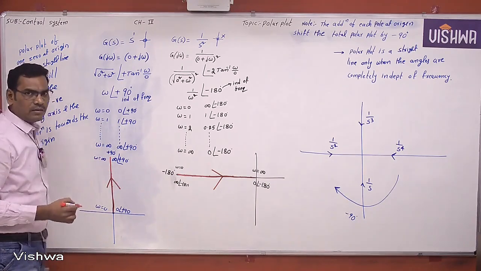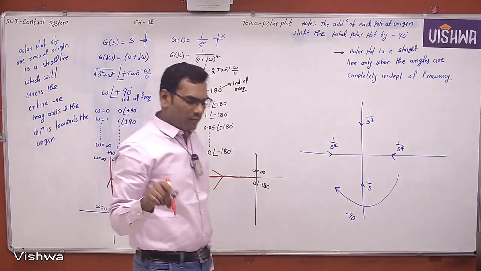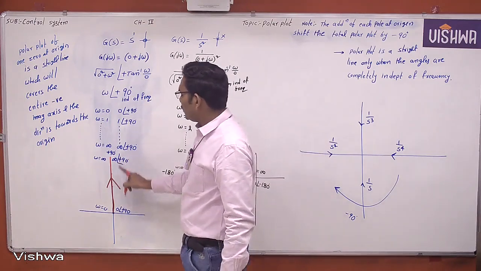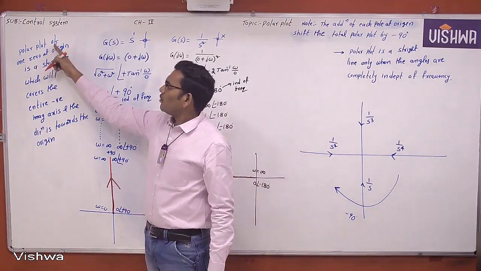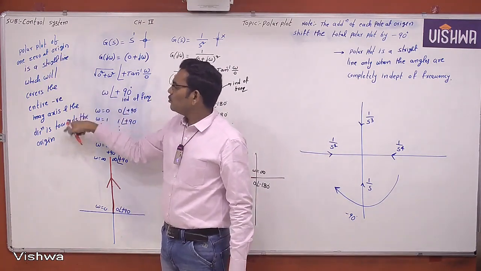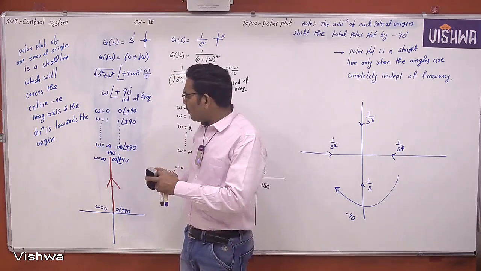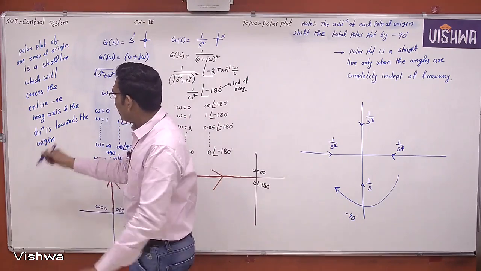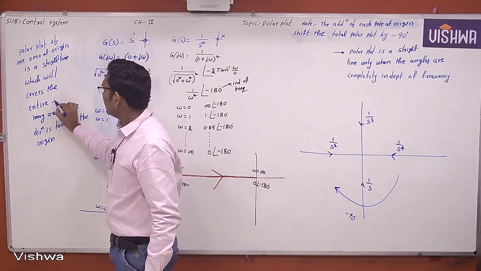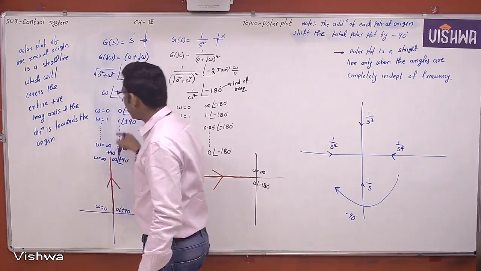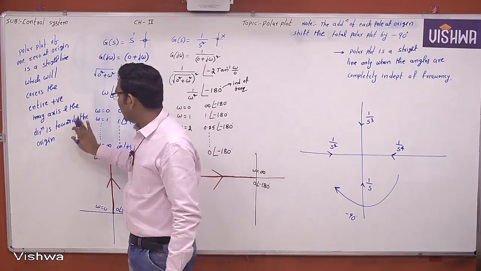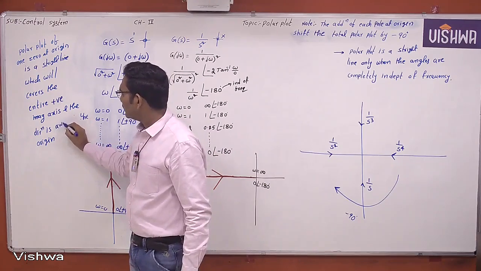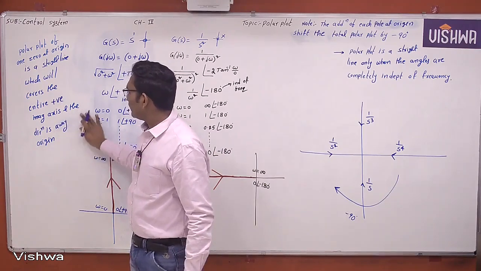but the direction is away from the origin. What is the difference between the polar plot of a zero at origin and a pole at origin? The polar plot of a zero at origin is away from the origin. The polar plot of a pole at origin is towards the origin. So what is the polar plot of one zero at origin? It is a straight line which will cover the entire positive imaginary axis, and the direction is away from the origin.